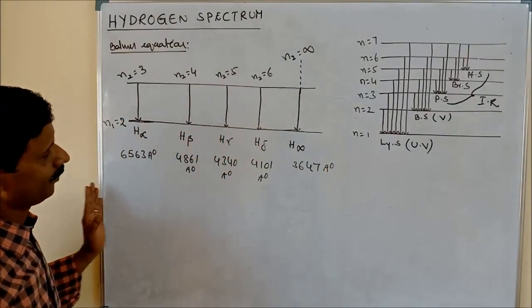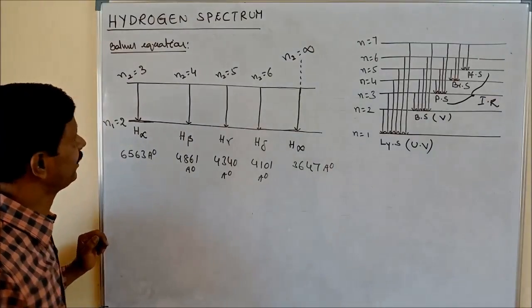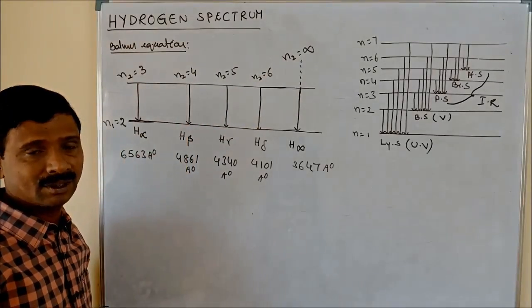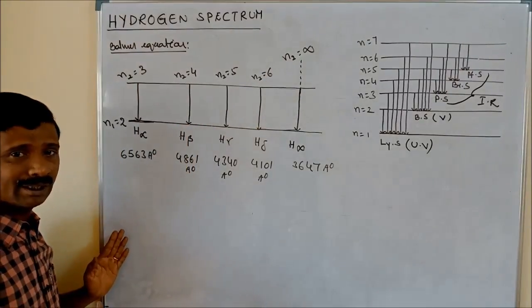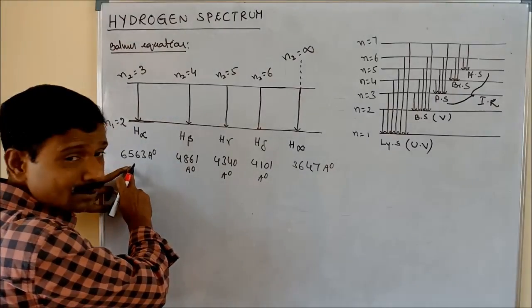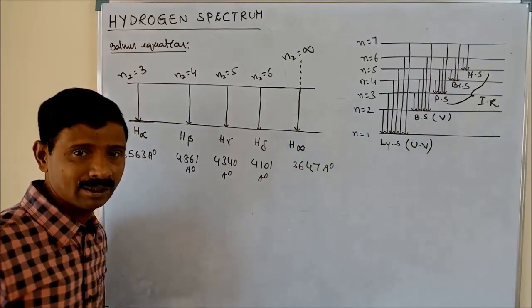So like that we have different wavelengths in Balmer series. Since this is the first line and this is the last line, in Balmer series we have lines in the wavelength range of 6563 to 3647.